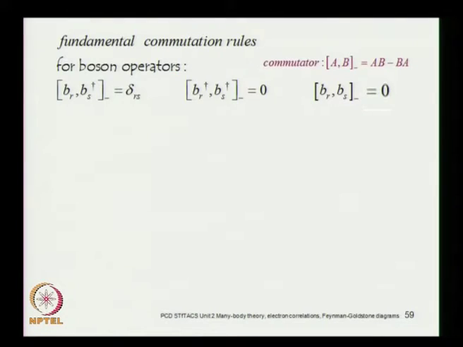So essentially we have the fundamental commutation rules for the boson operators. The statistics is now put into the creation and destruction operators and what their commutation properties are. In the first quantization formalism, we have the statistics in the symmetry of the wave function.